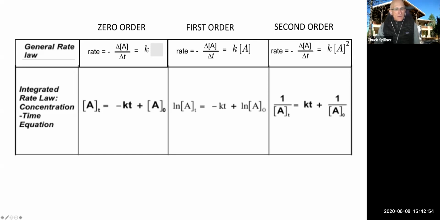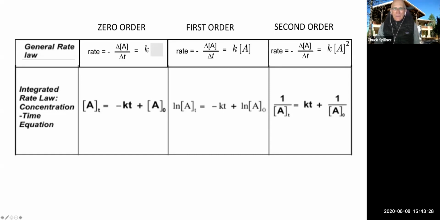These are the linearized forms of the integrated rate equation for zero order, first order, and second order. If you plot for a zero order the concentration of A versus time, you'll get a straight line with a slope of minus k and an intercept of A0.